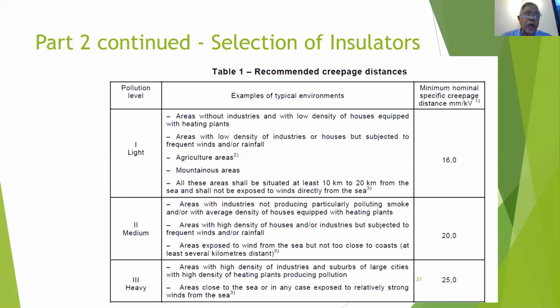If you spray the insulator or burn the waste on the spot, those agricultural places are not taken as light pollution, or pollution number 1.